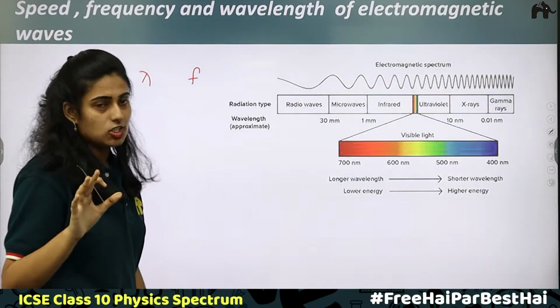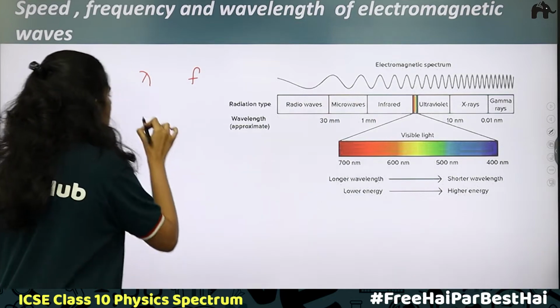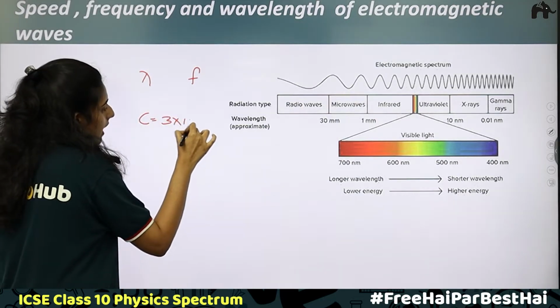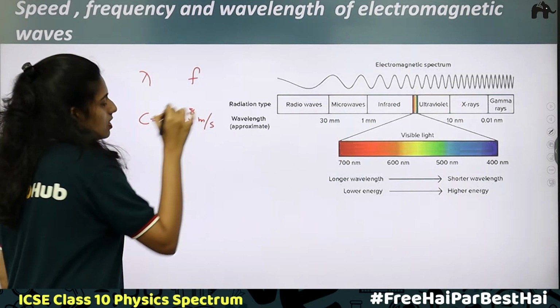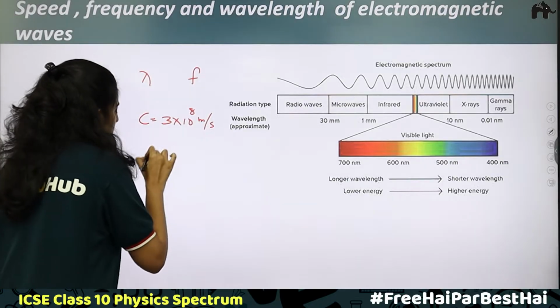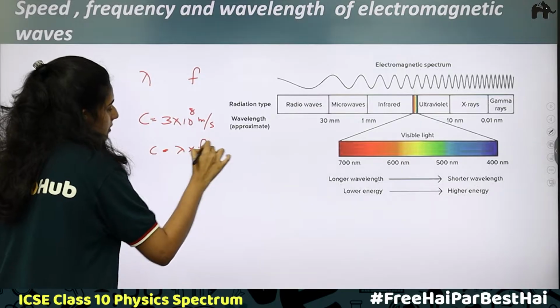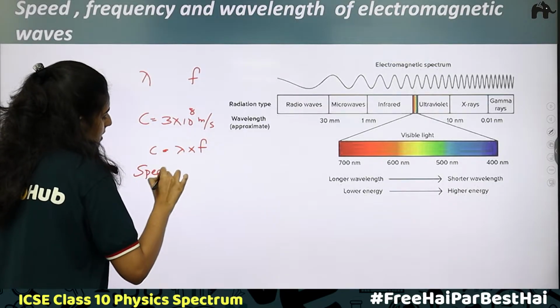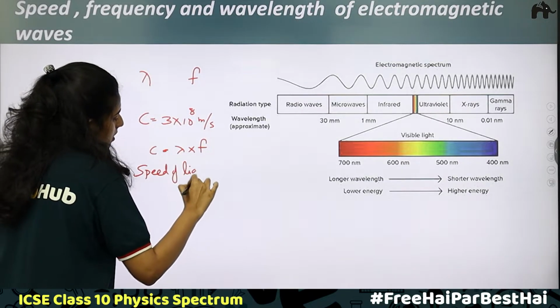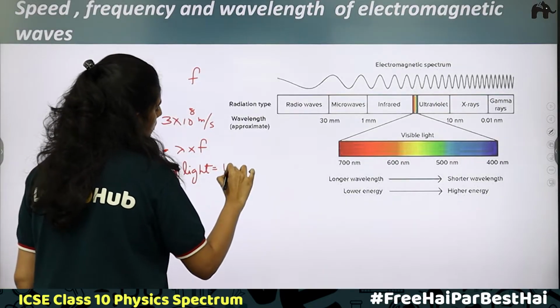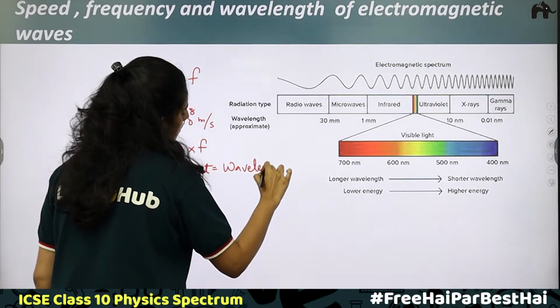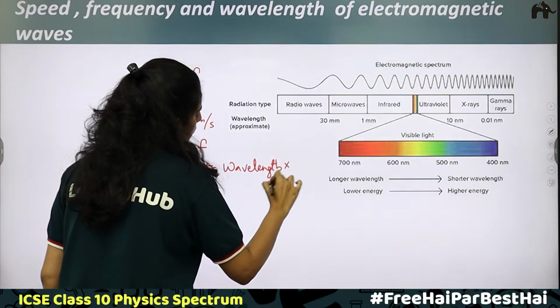For all these radiation, the speed of light will be 3 into 10 raised to 8 meter per second. So what is the relation? Speed of light C is equal to lambda into F. Speed of light is equal to wavelength into frequency.